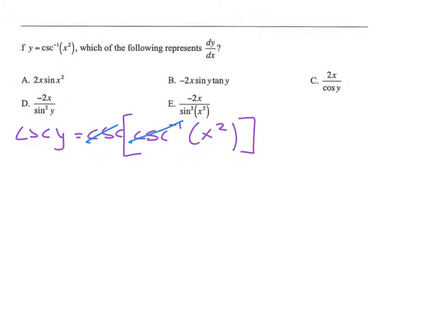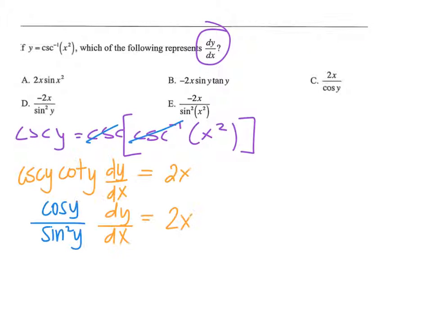Cosecant y is equal to x squared, which we can most certainly find dy/dx now. We can most certainly find dy/dx and have our result be in terms of y and x with trig. So we're going to go ahead and take d/dx of both sides now.